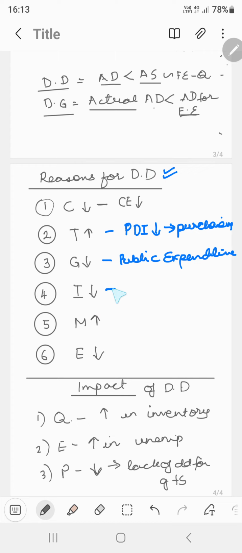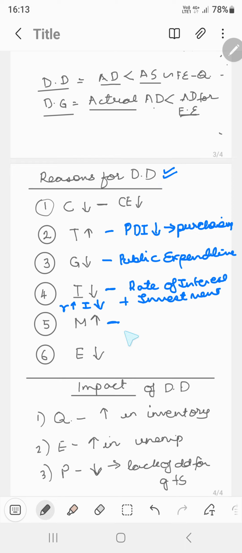The fourth reason is fall in investment expenditure. Now, we have studied that rate of interest and investment are inversely proportional. If rate of interest increases, investment will go down. So that is yet another reason for deficient demand being created in the market.